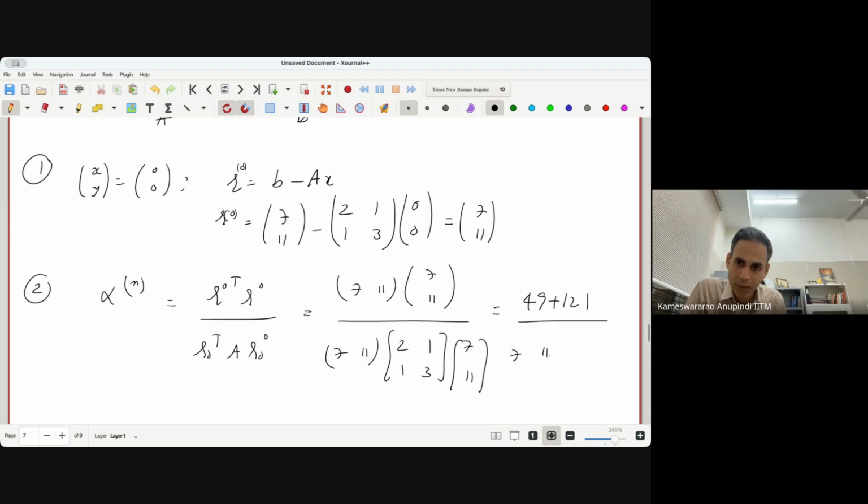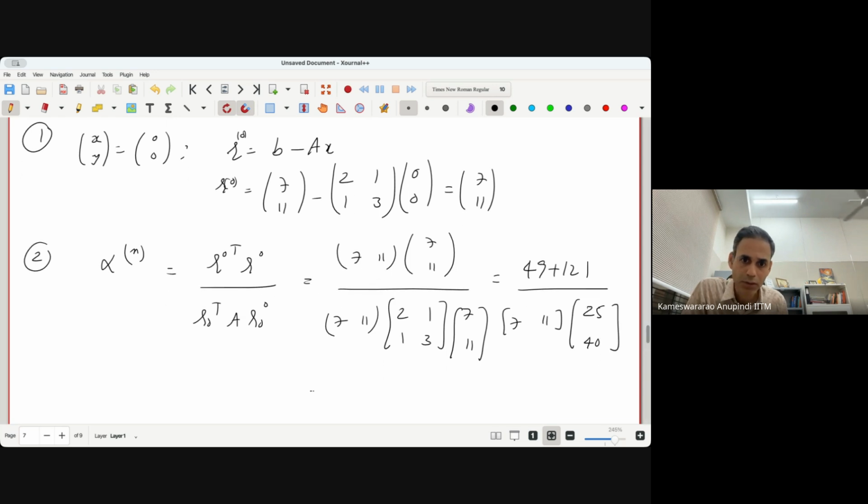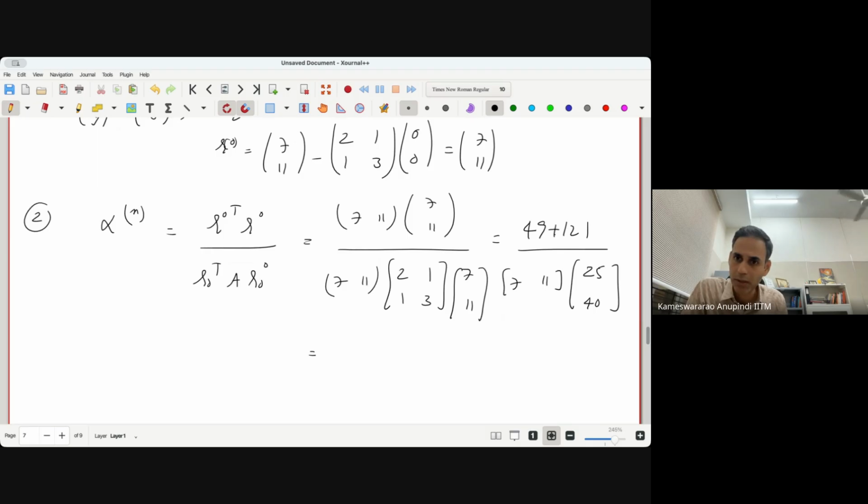Then A R0: 14 plus 11 is 25, and 7 plus 33 is 40. This gives me 170 in the numerator. The denominator is 25 times 7 plus 440.